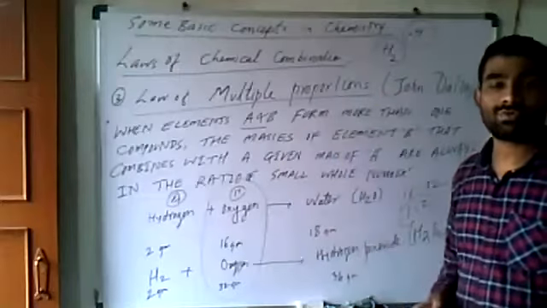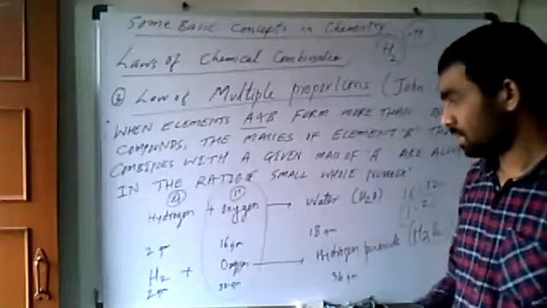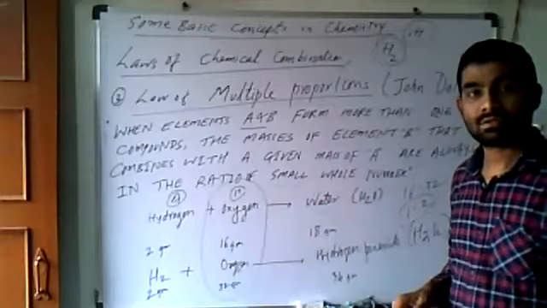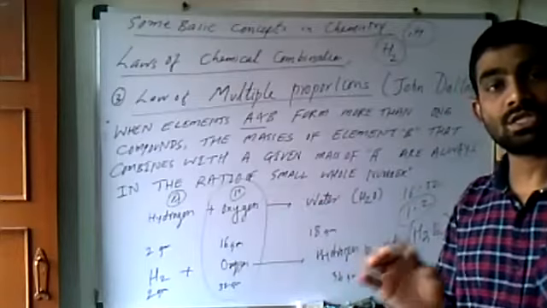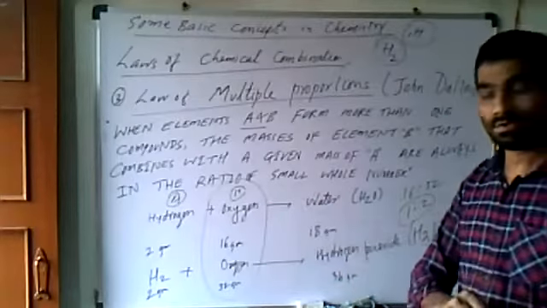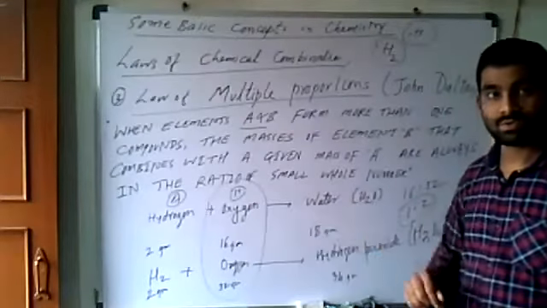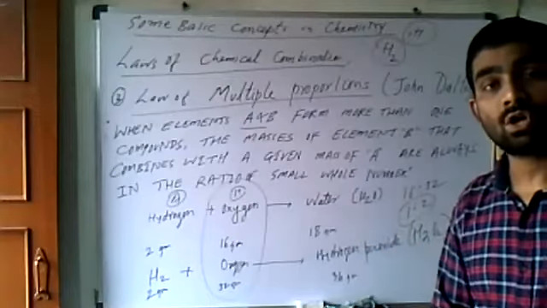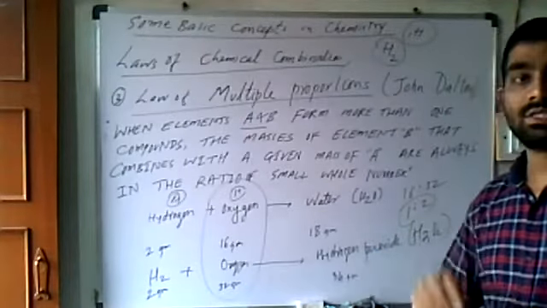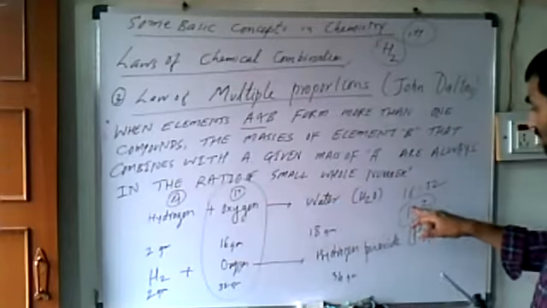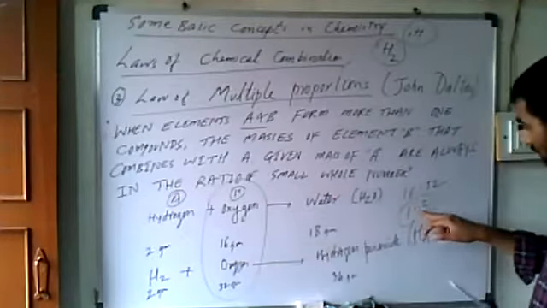According to the statement of John Dalton, in these two reactions the oxygen is not in the same amount, 16 grams and 32 grams. So according to John Dalton, this oxygen will be in a small whole number ratio, and that is 16 is to 32.